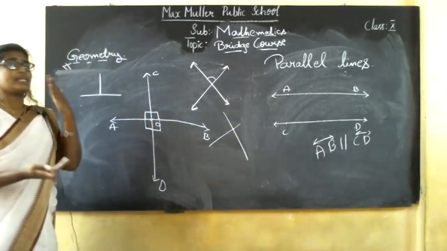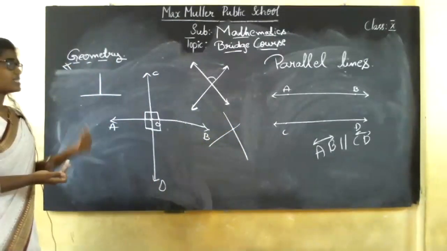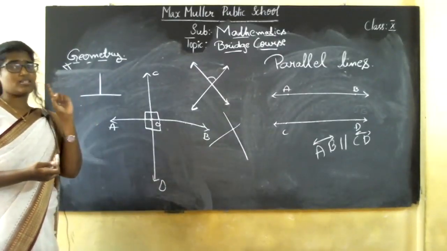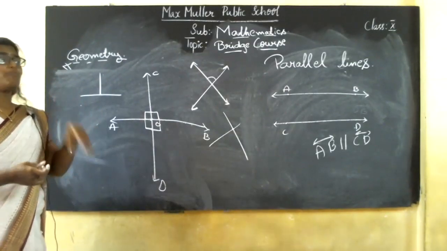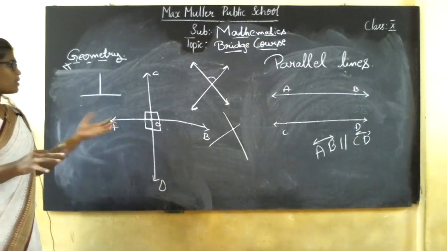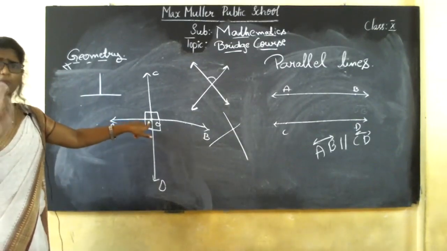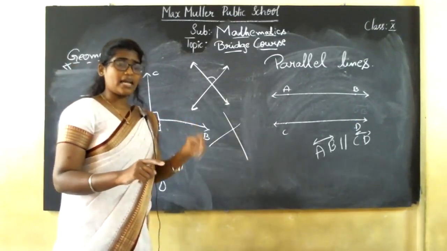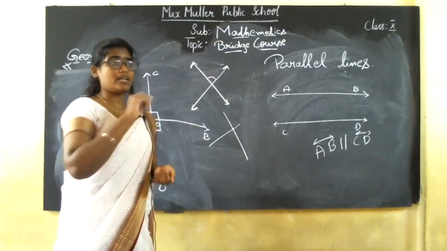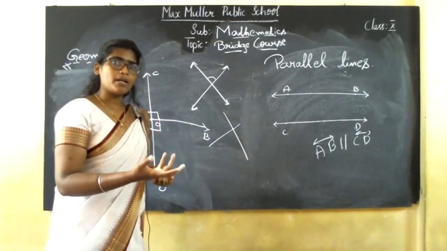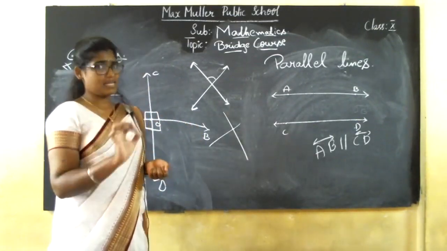Intersecting lines can be perpendicular with only one condition, that is it should make 90 degrees. And all perpendicular lines can be intersecting lines, because they intersect at one particular point. Did you understand? Intersecting lines can be perpendicular only when they make 90 degrees. I am not saying all intersecting lines.